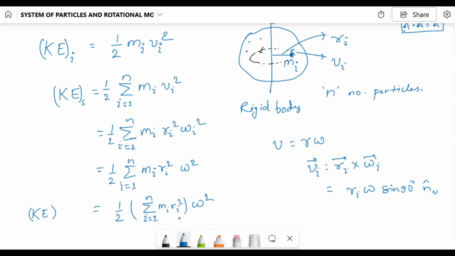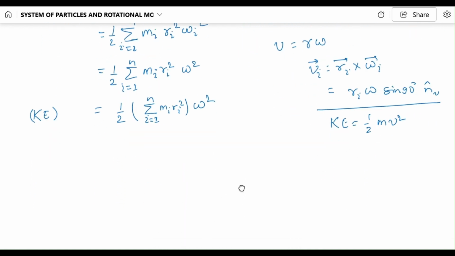Look, we have arrived at a situation where we can compare with the general formula, kinetic energy equals 1 by 2 m v square in the linear case. Here, in rotational motion, we have angular velocity square, which resembles velocity square, and here we have a term which resembles mass. As mass functions in linear motion, this term appears in rotational motion. And this is what we call the moment of inertia for this system of particles.